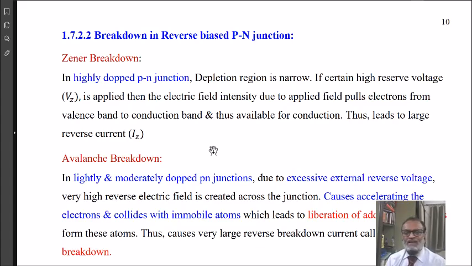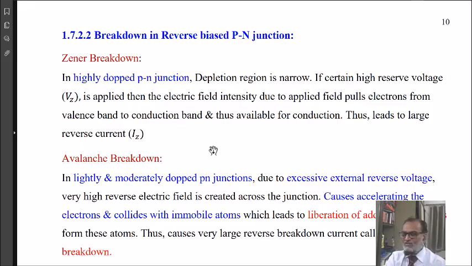Whenever we apply the external field, this external electric field itself exerts the force to snatch the electrons out of the majority carrier level, and the particles are moved from this level to the conduction band due to the strong force of the electric field only, and the current suddenly increases.